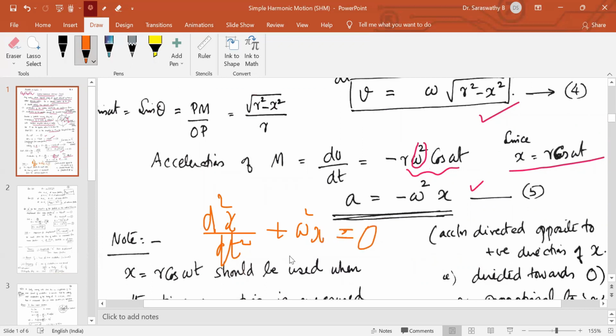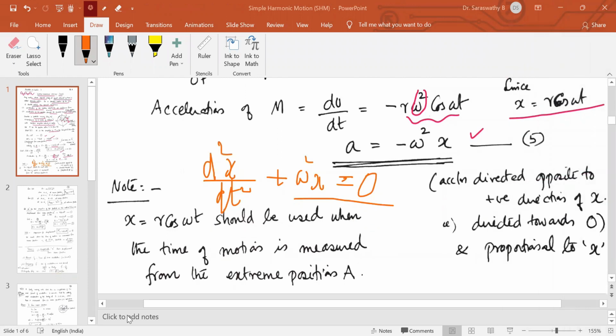This is the expression representing simple harmonic motion. The differential equation representing simple harmonic motion is d square x by dt square plus omega square x is equal to 0. If in practical cases you get any motion which can be represented in this particular form, that will be representing a simple harmonic motion. So acceleration is proportional to x and it is directed towards the mean position.